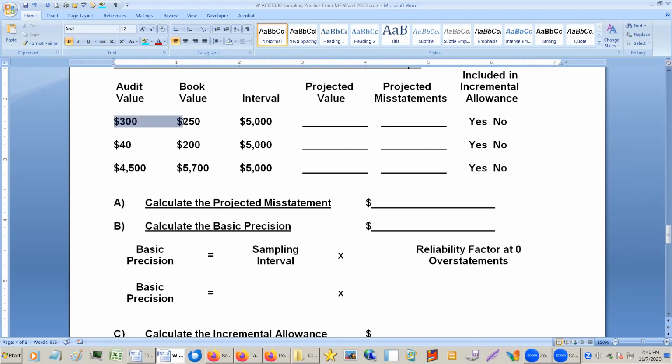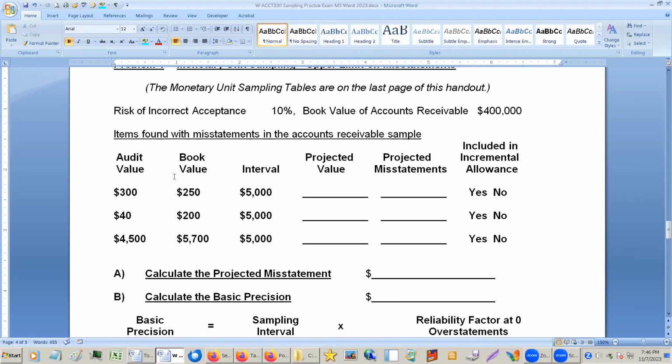What's unusual about the first one? Okay, I'll tell you. It's an overstatement. It's not supposed to catch these. It's supposed to catch when people make the book value really large and have a misstatement because of that. So this is actually an overstatement.